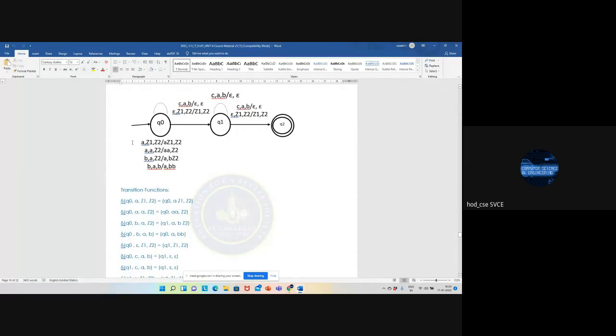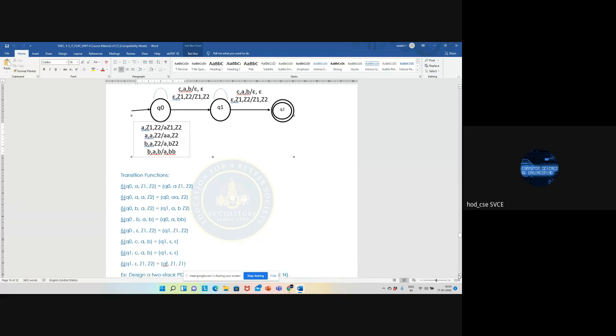Initially we have A, Z1, Z2: the stack symbol of the first stack and the stack symbol of the second stack. We push this onto the stack: A Z1, Z2. Similarly AA Z2 becomes AA Z2, BA Z2 becomes AB Z2, and so on. Likewise we can construct a two-stack PDA for the given problem.